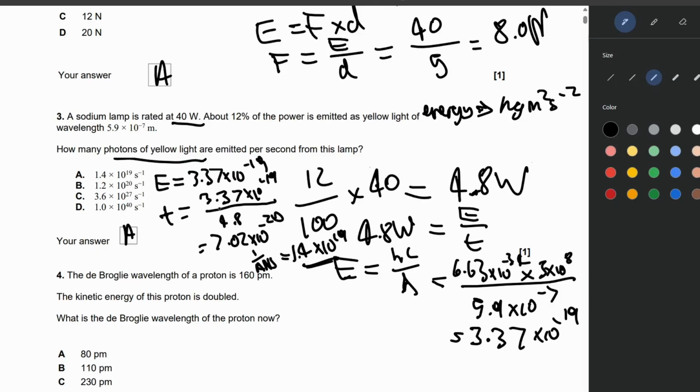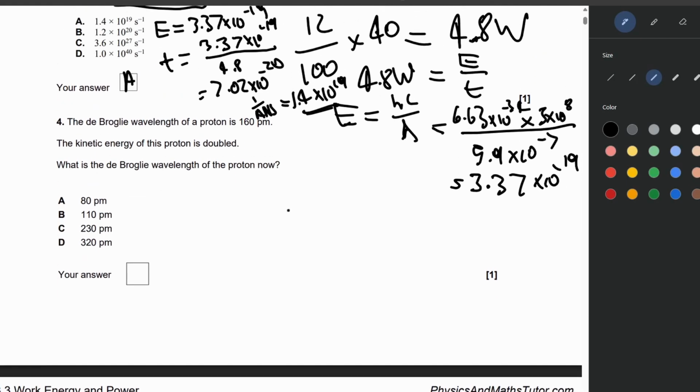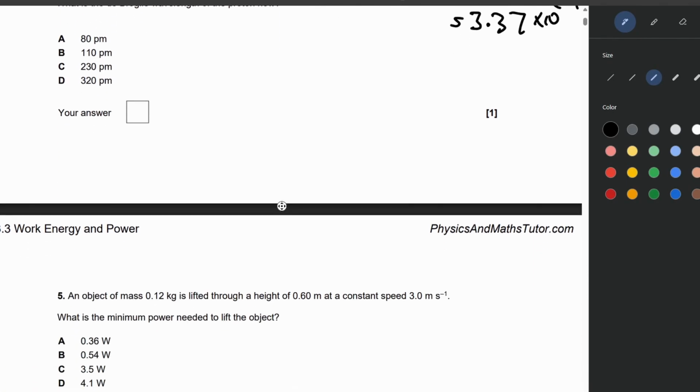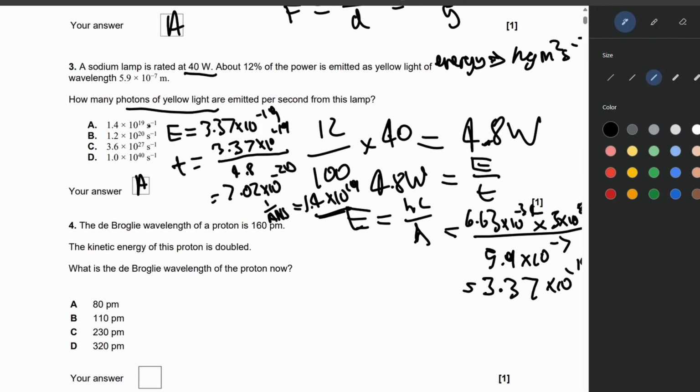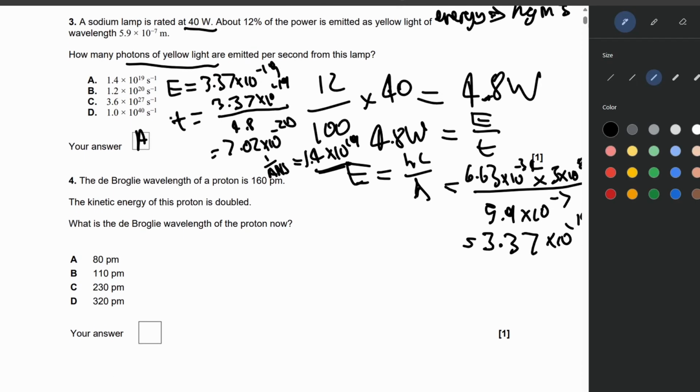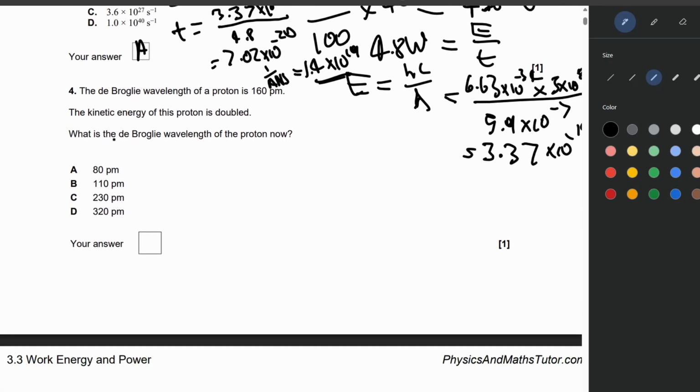Now we calculate the time in which the energy of that wavelength, like how much energy per the wavelength, and then I did 1 divided by, I don't know, but I got the right answer. But thinking about it, because it's per second, 1 over time, 1 over a second is per second.